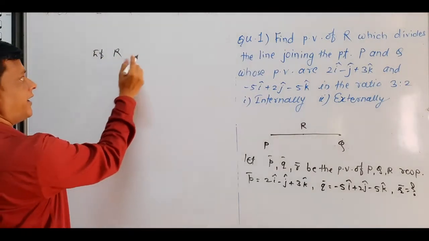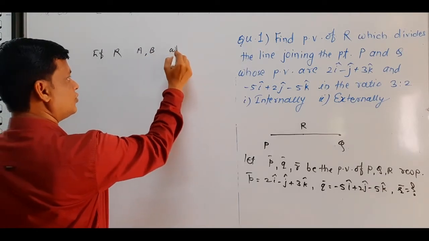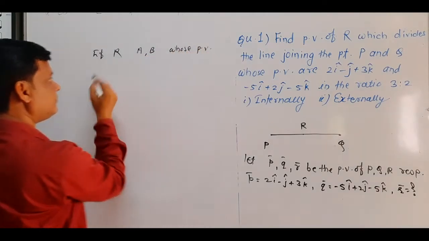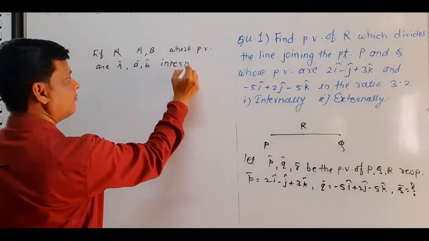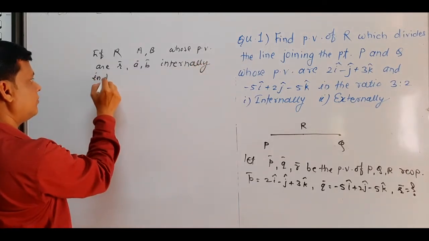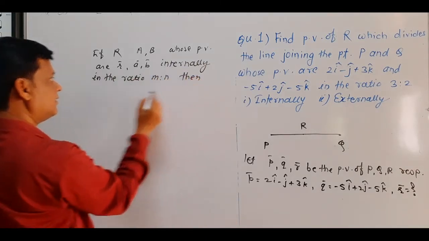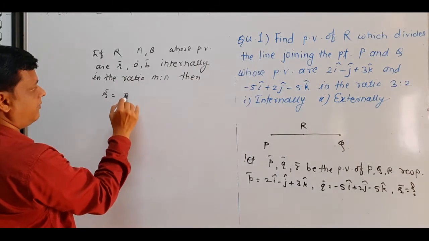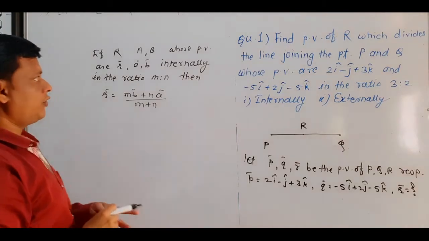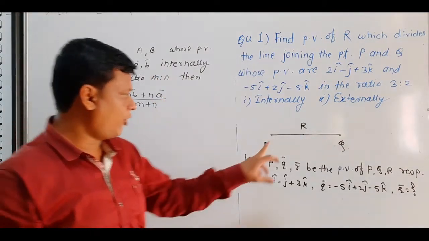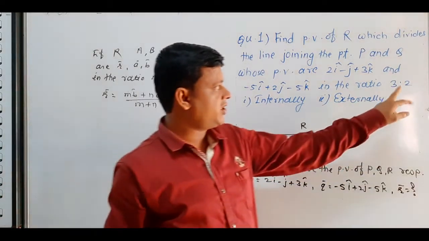If point R divides the line joining the points A and B, whose position vectors are A bar and B bar, internally in the ratio m:n, then R bar equals m into B bar plus n into A bar upon m plus n. Now here instead of points A and B, points P and Q are given, and instead of ratio m:n, the ratio is 3:2.